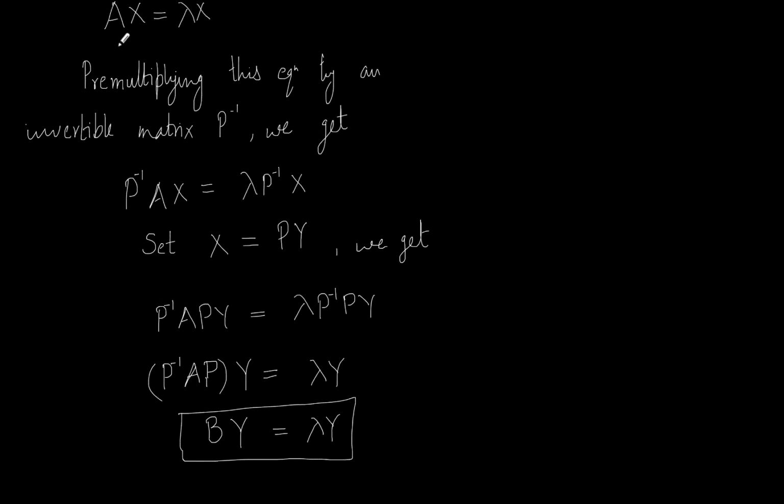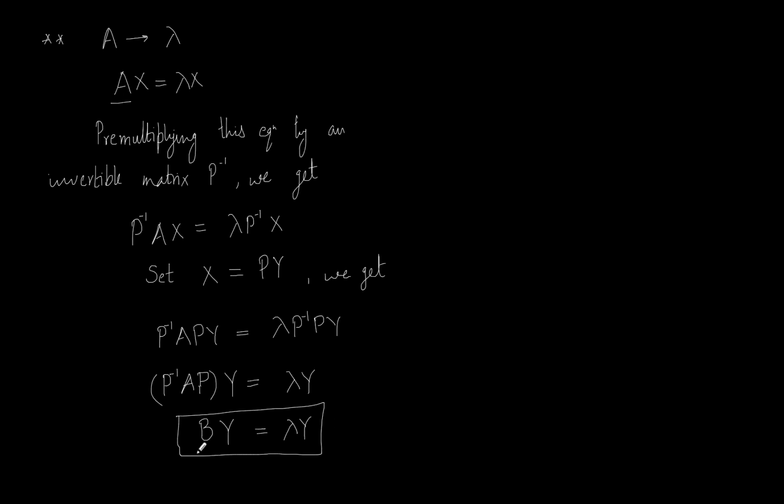So similar matrices A and B have the same eigenvalues but distinct eigenvectors. Similar matrices have the same characteristic equation, so they have the same eigenvalues.